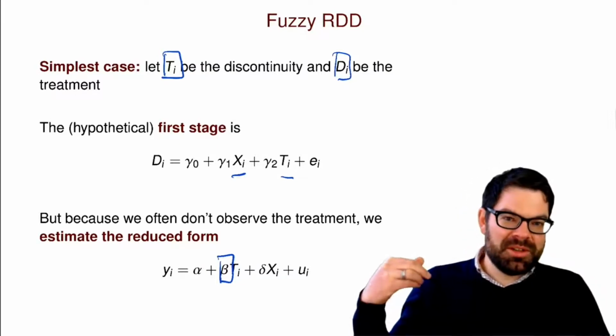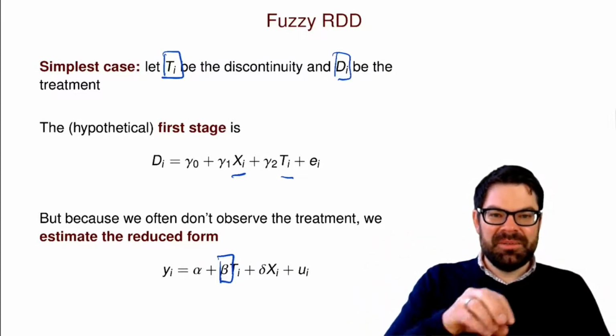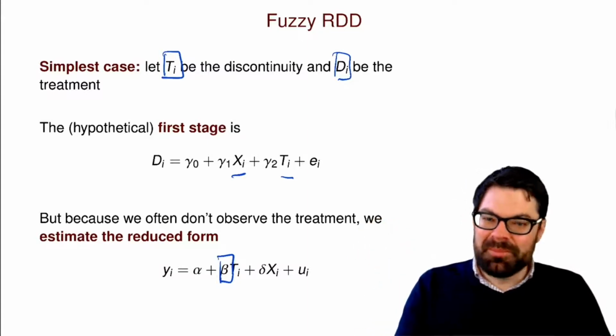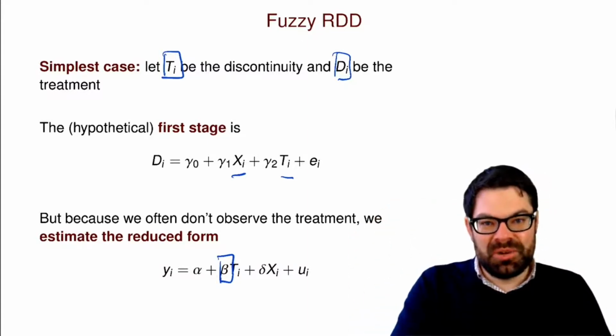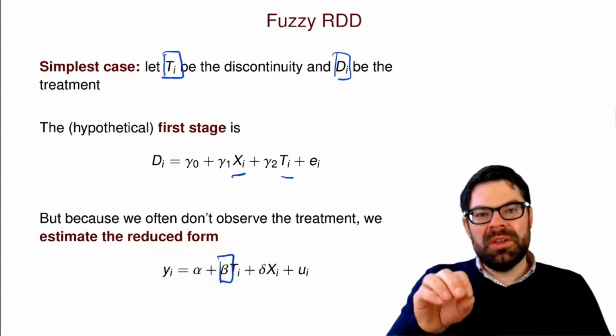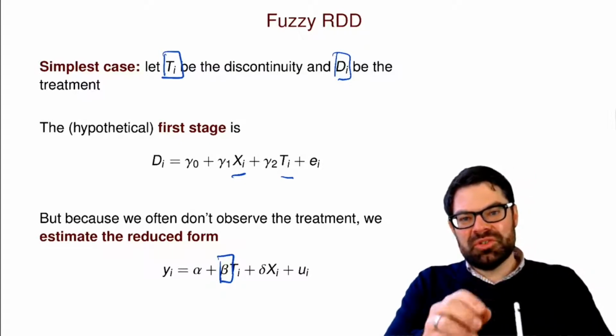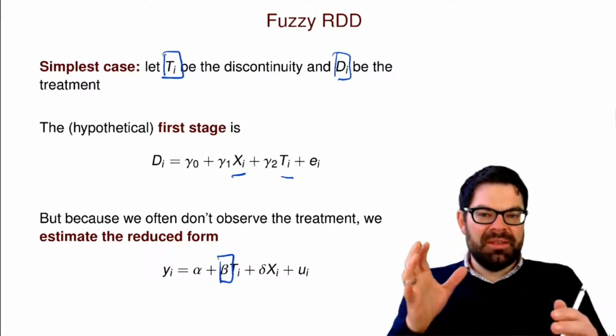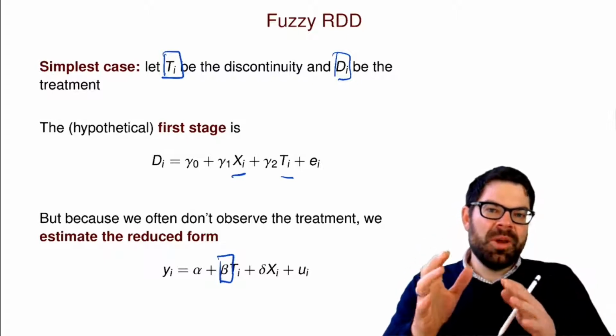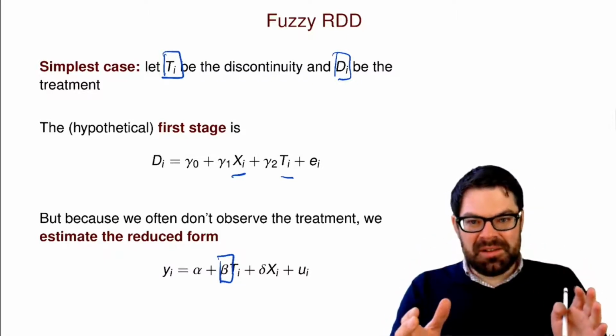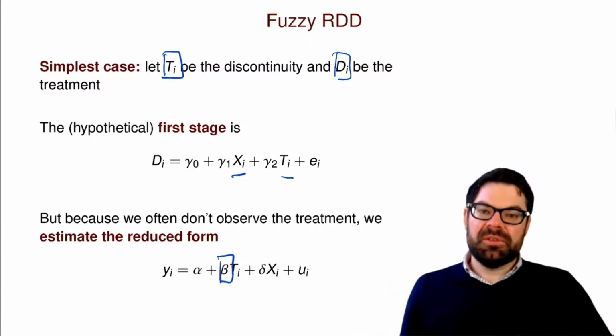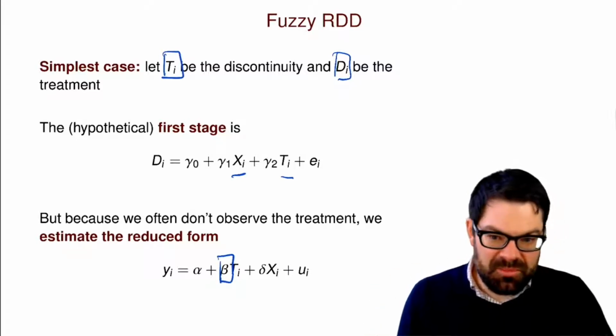That's why we typically see the main regression being the reduced form, that the person got into a better school or not, and then maybe through additional regressions we try to say which of these channels is more likely to drive the result. That's how it's typically done in practice.